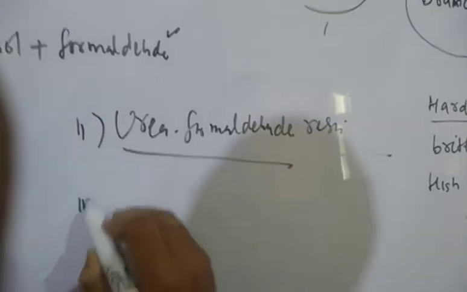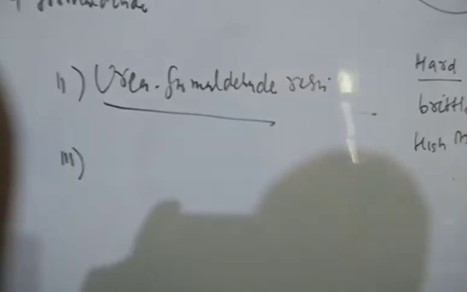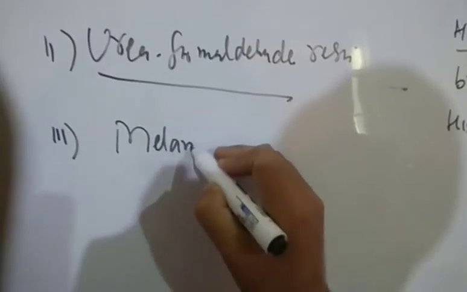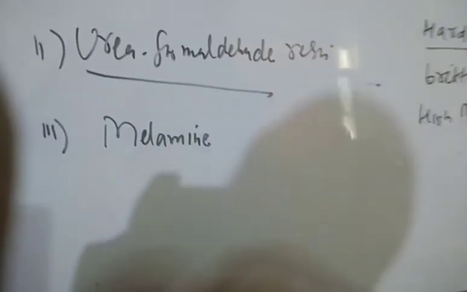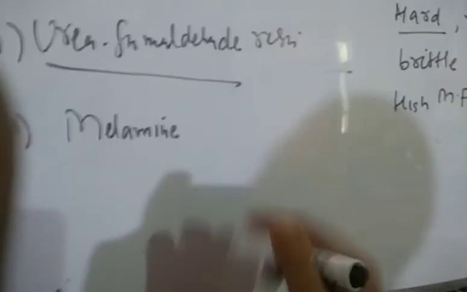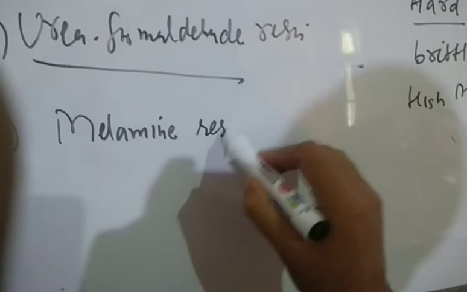One more example you should remember is melamine. This is a very important structure, and it is used in biosystems, in medicines, drugs and other related things. Melamine resin. So urea formaldehyde resin, melamine resin, bakelite: these are the basic examples of cross-linked three-dimensional polymers. So these are the basic things.